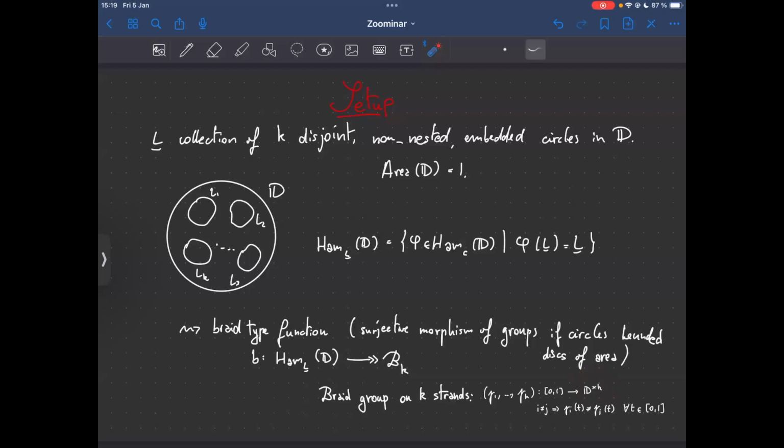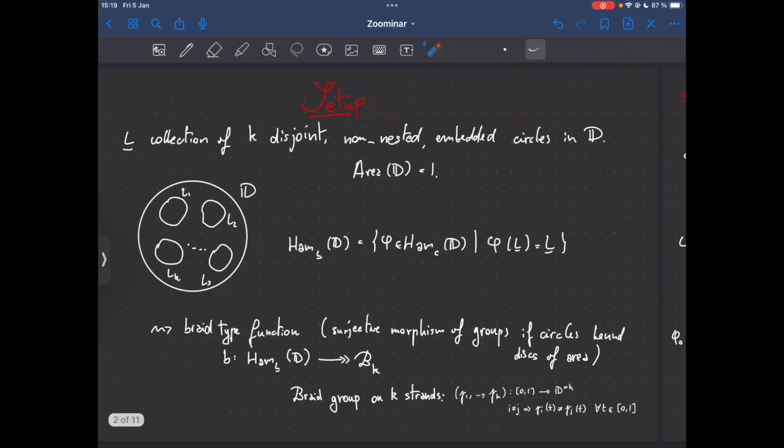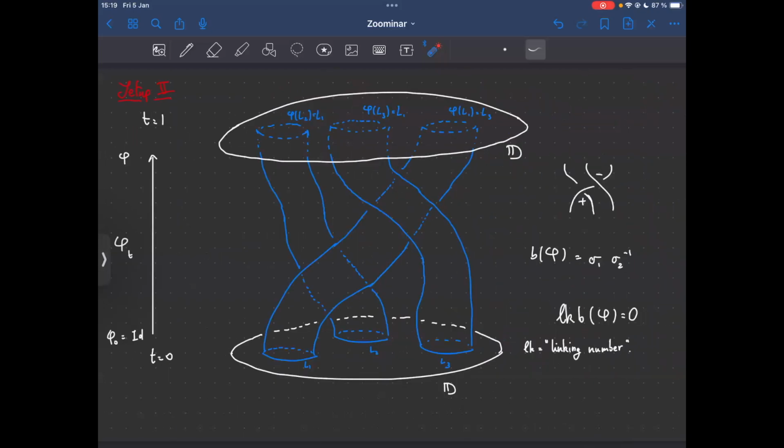I would like to point out that this morphism is surjective, as soon as the circles bound disks of the same area. For the definition of this function, the same picture still works. So the idea is a simple idea, in fact.